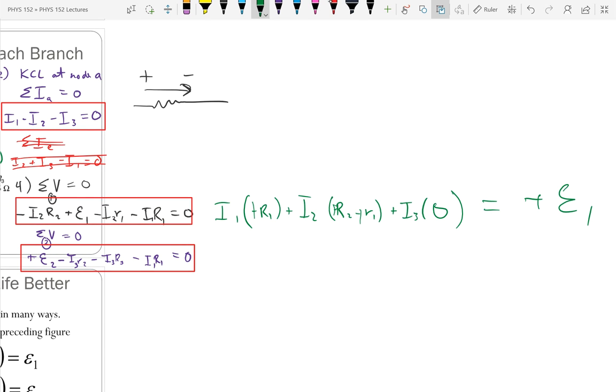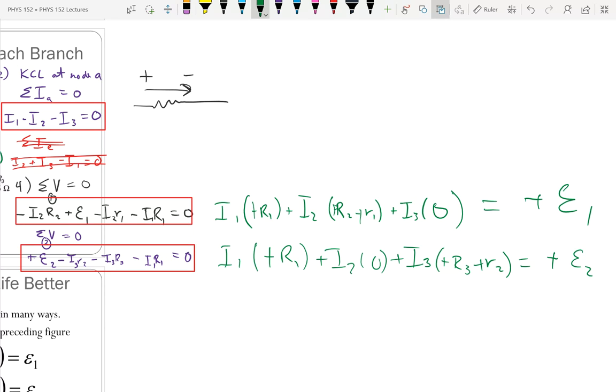And likewise, for the next equation, I could have rewritten it as I1 times minus R1 plus I2 times 0 plus I3 times, once again changing all the signs.